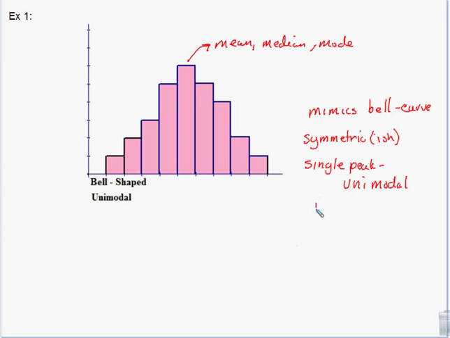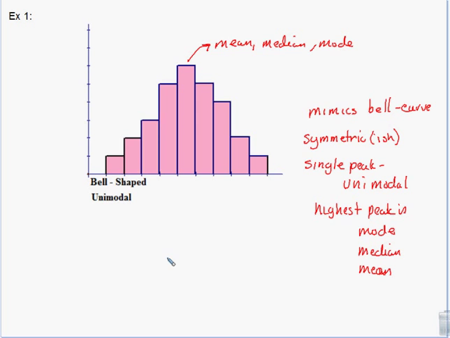Okay, the highest peak is the mode, and the median, and the mean. In a unimodal histogram, so when you have one tall peak like this, this is a bell-shaped unimodal. We can also have other unimodals, but whenever you have a unimodal, the tallest peak is your mean, median, and mode.